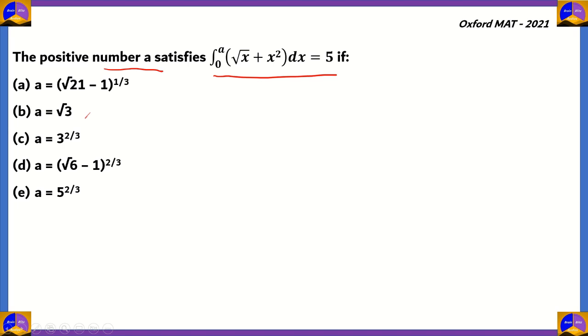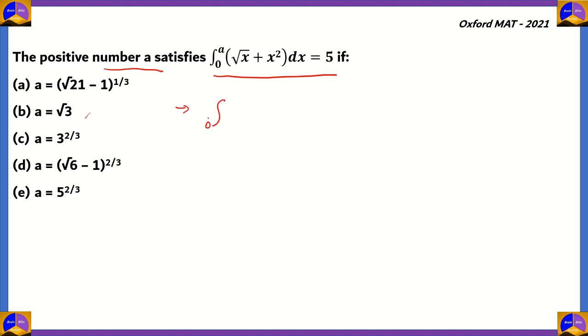Now, in order to solve this particular question, we are going to have to do a bit of integration. So, the original equation that we have, integral 0 to a under root of x plus x squared dx, gives you 5. So, we're going to split the integral and convert the under root of x into x raised to 1 by 2.